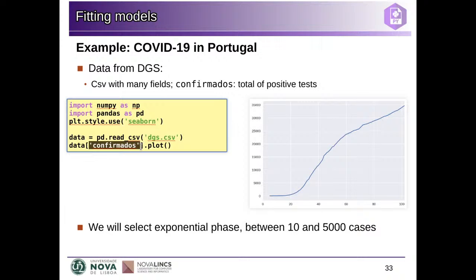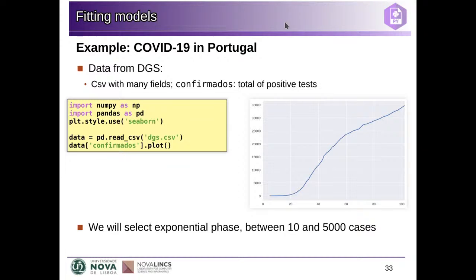So confirmados will be the positive cases here, and we can read this CSV file using pandas, and then just plot this column. So this is how the confirmed cases were increasing in the first 100 days of the epidemic here.